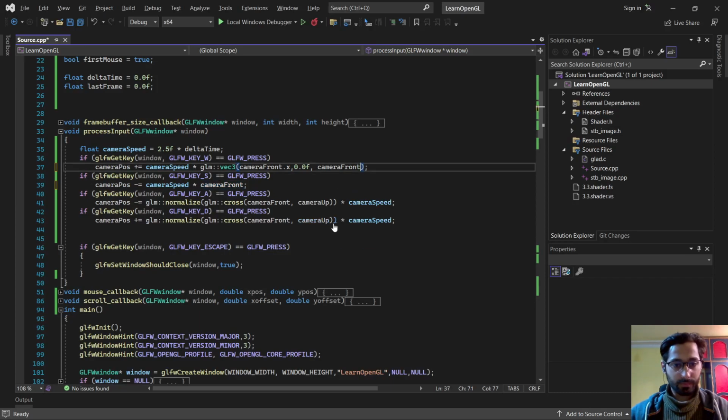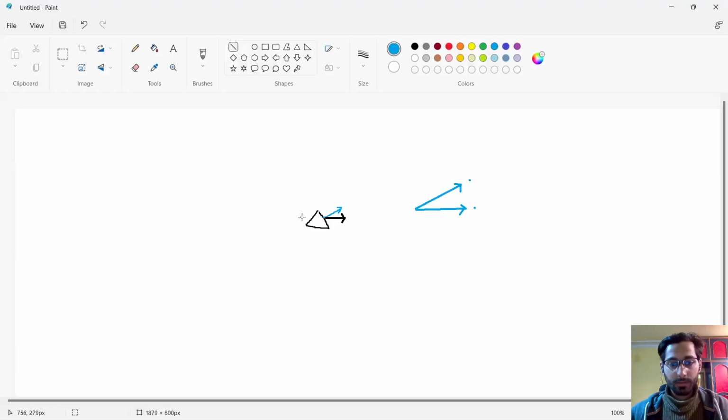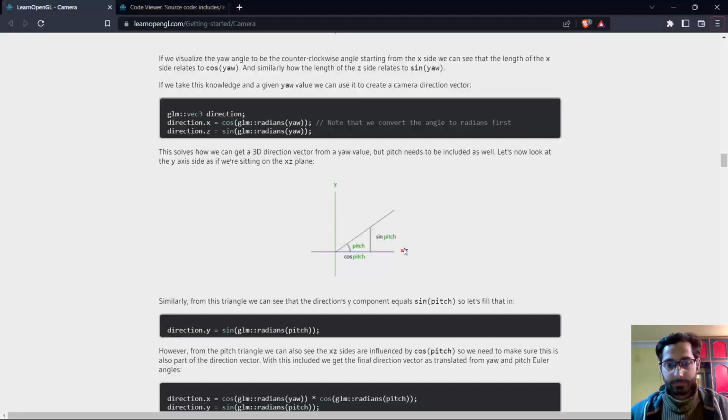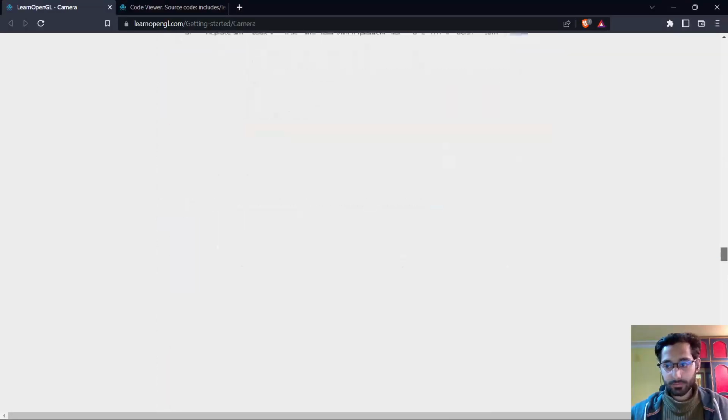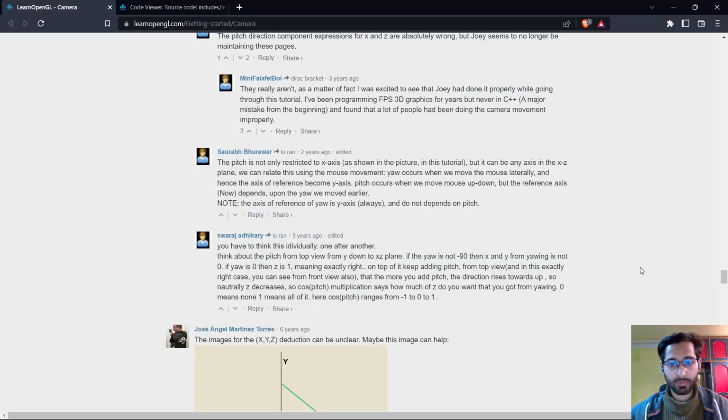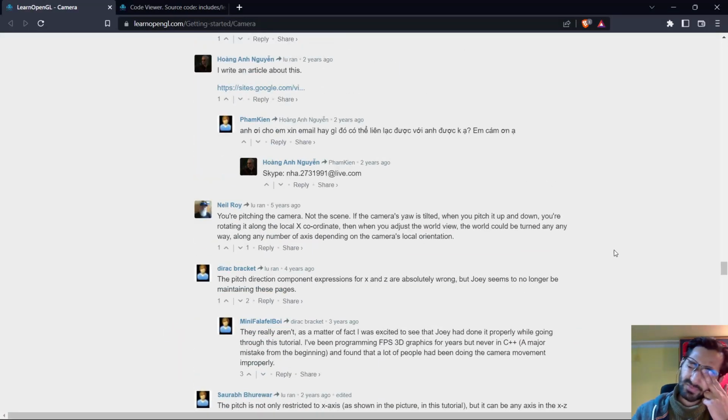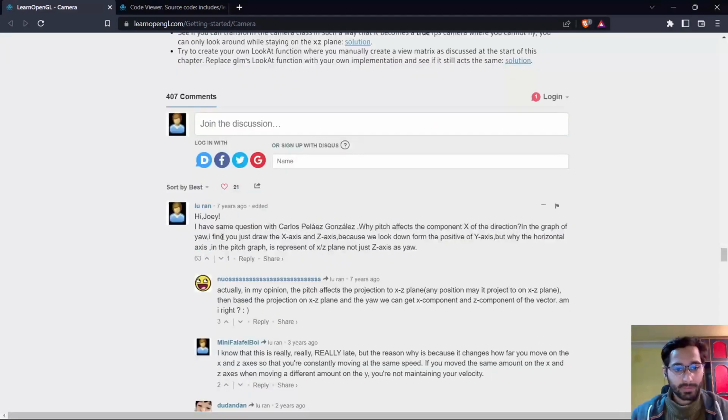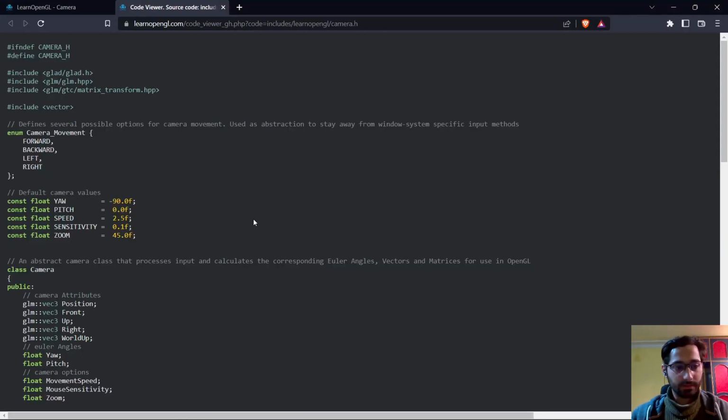Okay, but I just want to go back to this. All right, and then it's telling us to implement our own look at function, which I'm really not gonna do. I'm just gonna use the camera class that they've created. So it's the same. We have the camera movement.